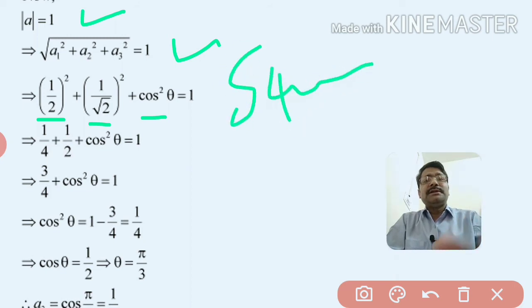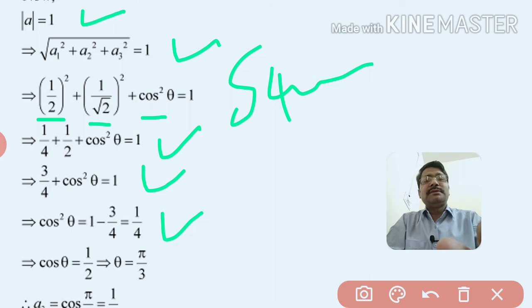Now look here, (1/2) square is 1 upon 4, (1/root 2) square is 1 upon 2, and 1 upon 4 plus 1 upon 2 will be 3 by 4. So 3 by 4 plus cos square theta equal to 1. Now cos square theta equal to 1 minus 3 by 4, that is 1 by 4.